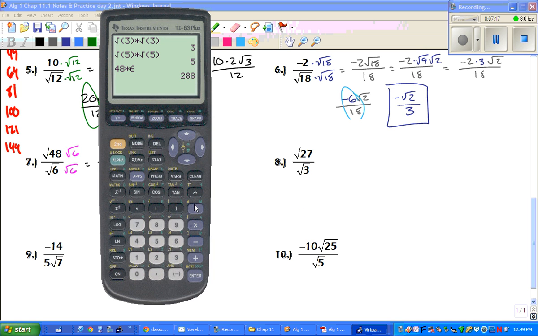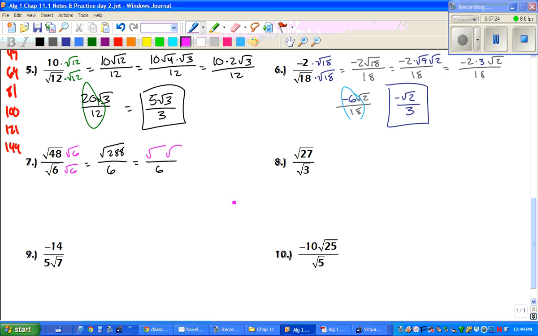When you take 288, you start at the very top with 144, and hey, it works. So it's 144 and 2. The square root of 144 is 12. And then the last thing to do is to reduce the fraction, and that's where we get 2 root 2.